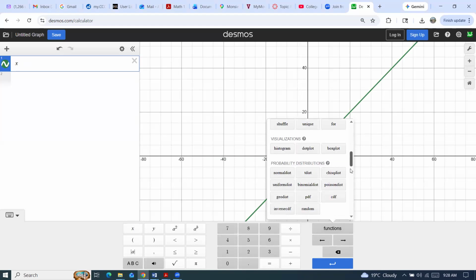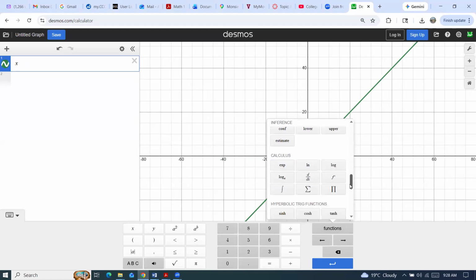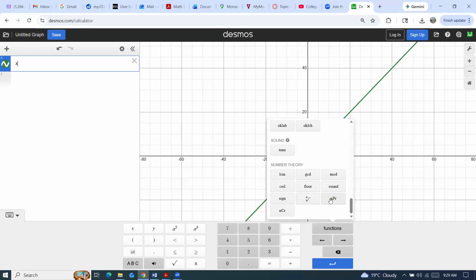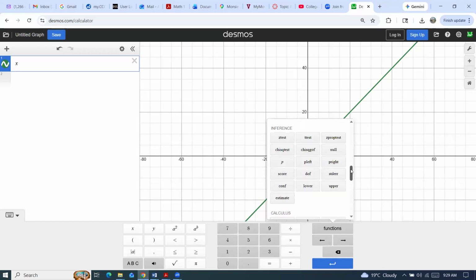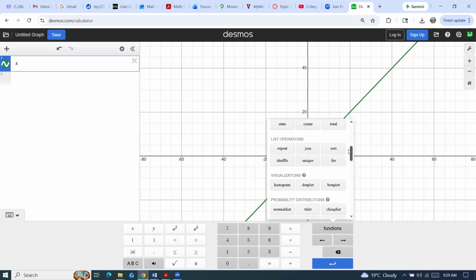See, there are lots of functions here. Is there factorial here? Combinations, permutations, the last one's related to factorial, but let me see factorial. You don't give factorial.